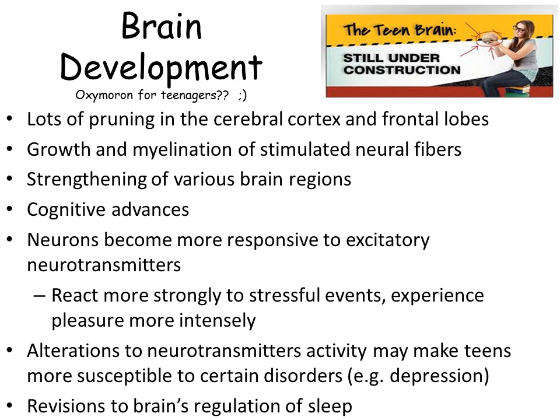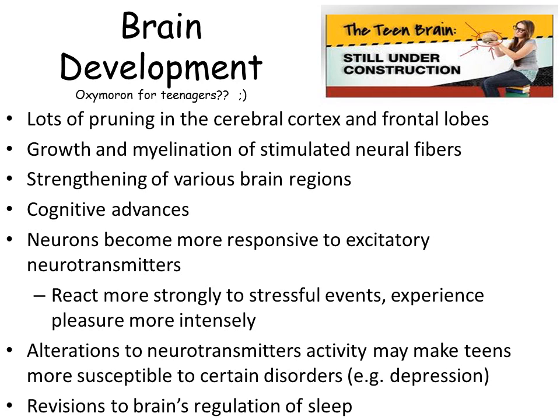There's growth and myelination of stimulated neural fibers, so you're strengthening the connections that are already there. There are enormous cognitive advances: you can start to think about things in logical and rational ways that an 8-year-old cannot. Neurons become more responsive to excitatory transmitters.